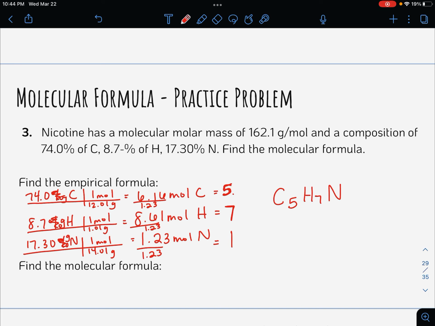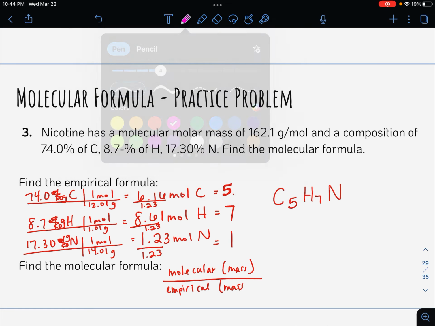So remember, when we find our molecular formula, we just want to take our 2 masses and divide. So we always have the mass of our molecular divided by the mass of the empirical. One way that you can try to remember that is you just think me.